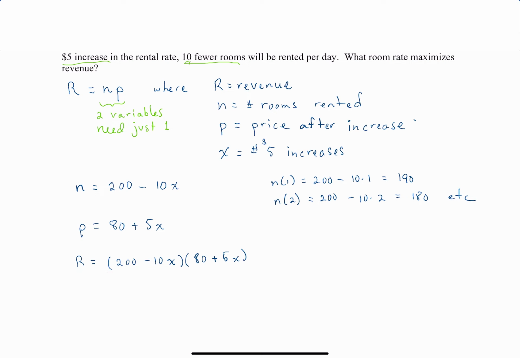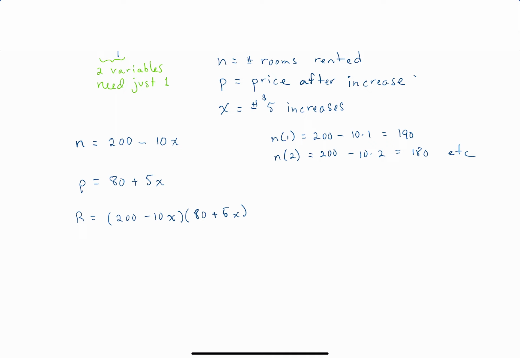But we need to know the domain, because remember, the domain determines how we're going to proceed. And the fewest number of price increases we could have is 0. So I can't increase the price any fewer times than 0. What's the most number of times I could increase the price? Well, if you look at this formula for the number of rooms being rented, eventually you're going to get down to renting 0 rooms, and you can't rent a negative number of rooms.